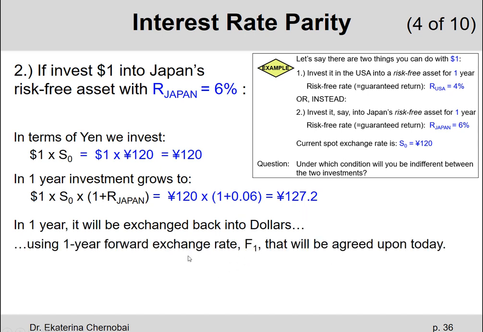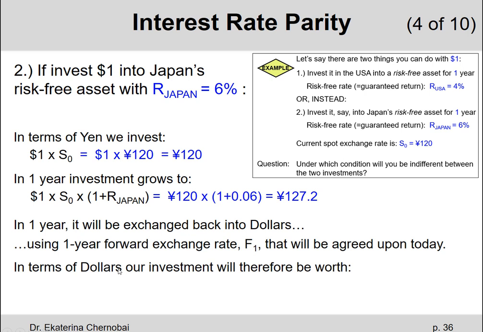That's the forward exchange rate, the 1 year forward exchange rate, agreed upon today. Whatever that rate is that is already known today, that would be used to exchange yen into dollars in 1 year, that's what we would need to use to convert next year's 127.2 yen back into dollars.